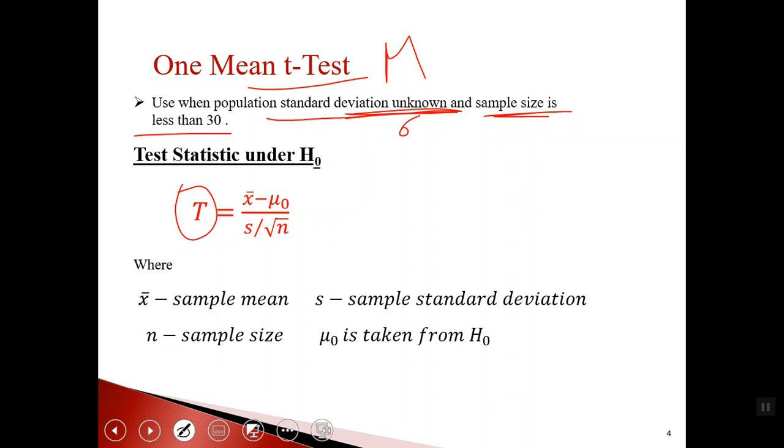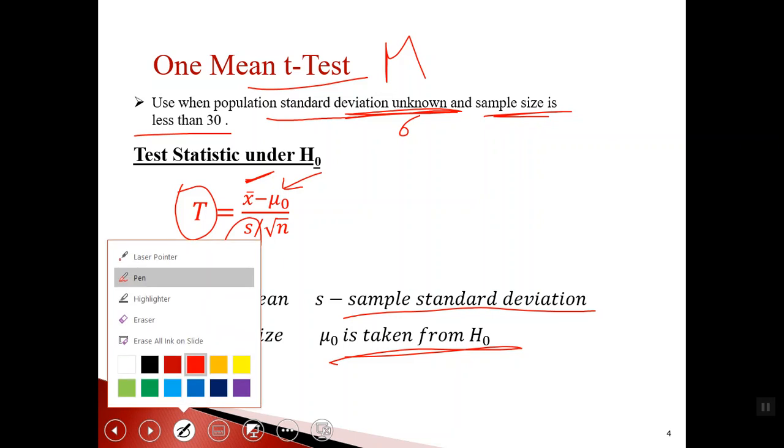Under H naught, X bar is your sample mean, and mu naught you can pick from your H naught. S is the sample standard deviation. N is the sample size. Mu naught is taken from H naught. It's very similar to the Z statistic formula, but the difference is this.